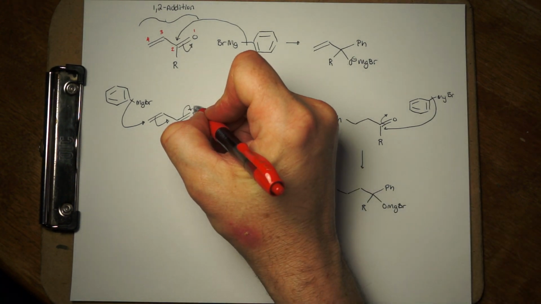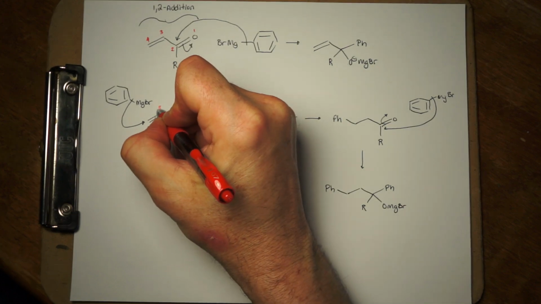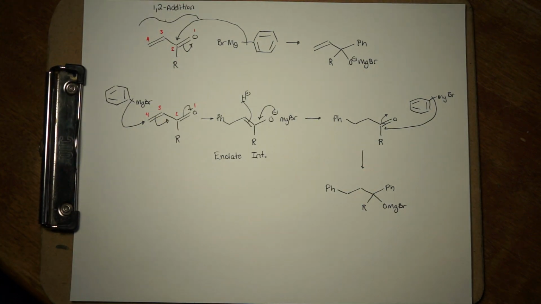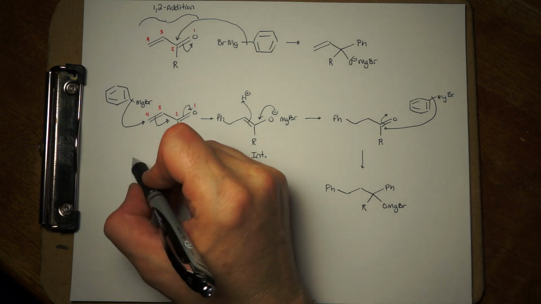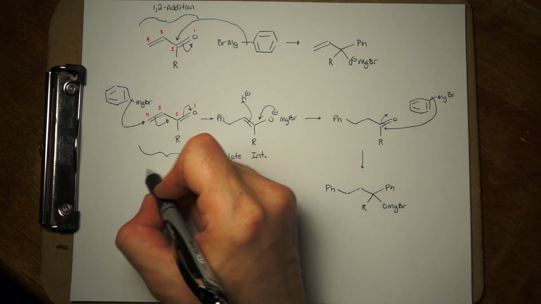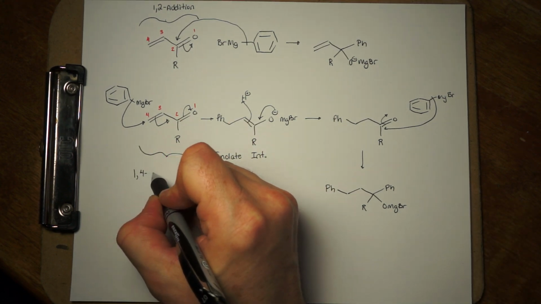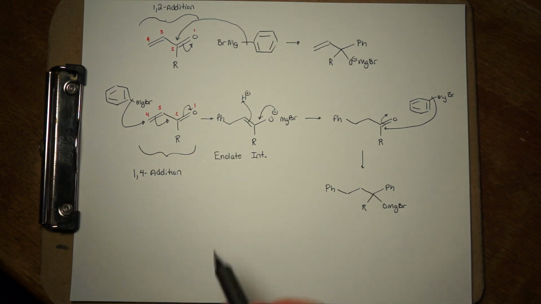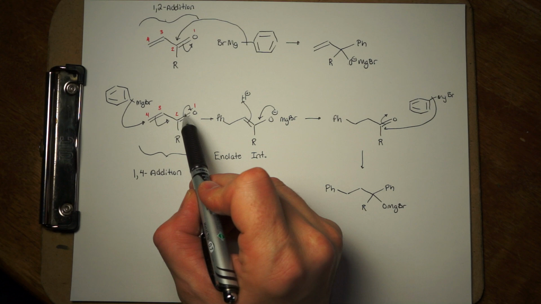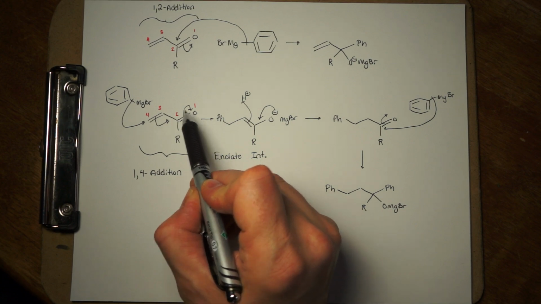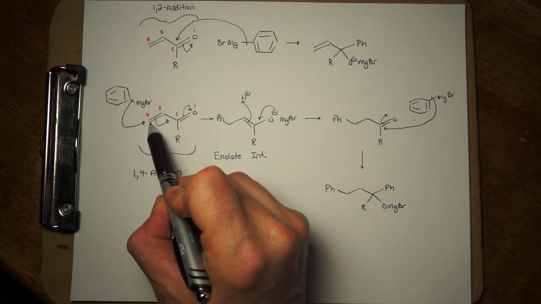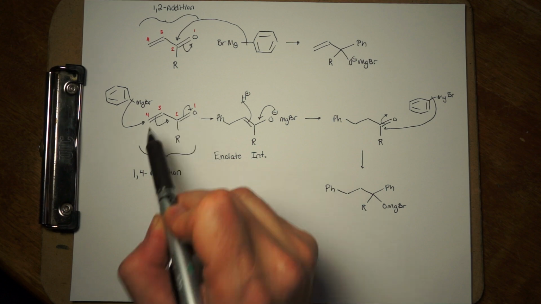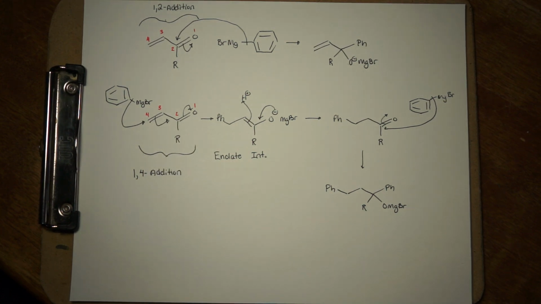In the case of conjugate addition, we would refer to this as 1,4 addition. Because the relationship between the oxygen that gets electrons and the carbon that's accepting the nucleophile is a 1,4 relationship.